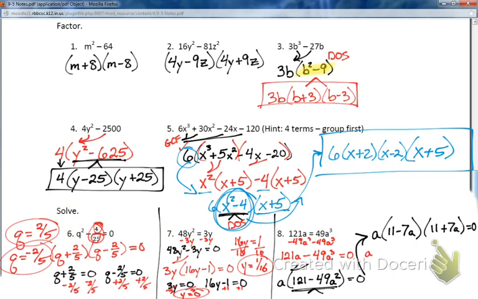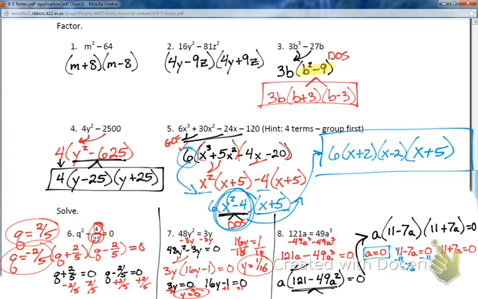So we're going to say a could equal 0, 11 minus 7a could equal 0, or 11 plus 7a could equal 0. And then again, you just go about solving. Obviously the a equals 0 part is already solved. Here you would subtract 11.